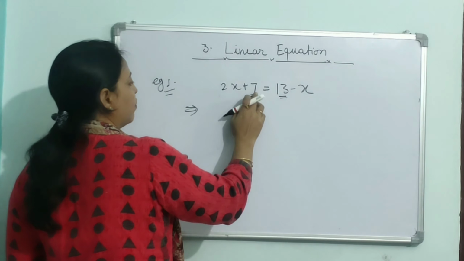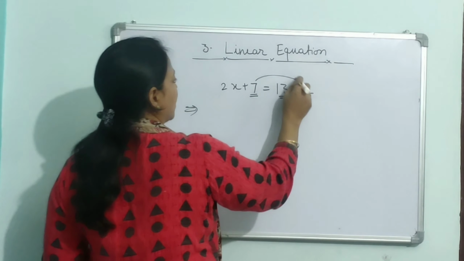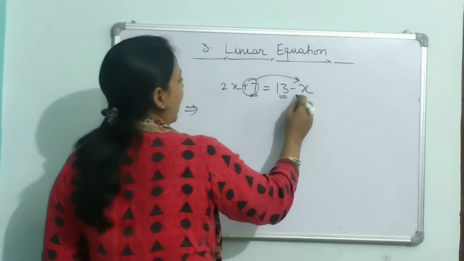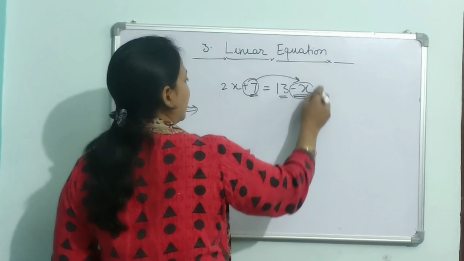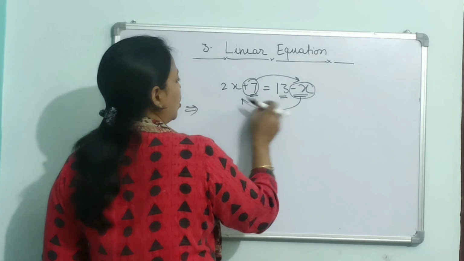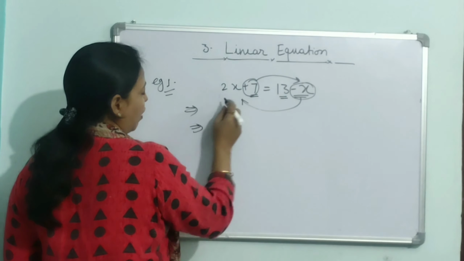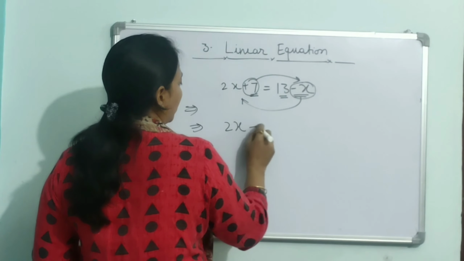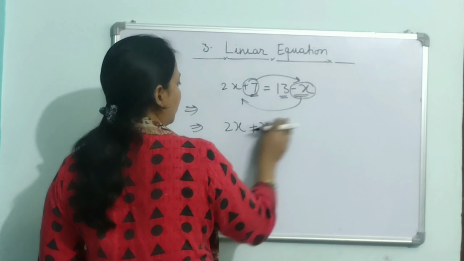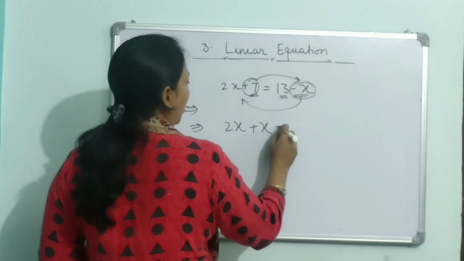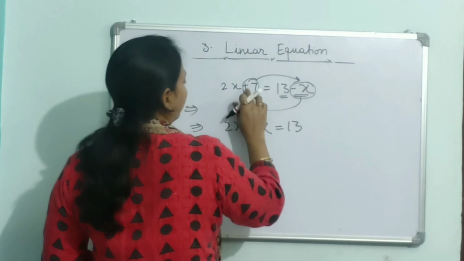So when you are shifting this 7 to this side, if this is plus 7, it will become minus 7. And when you shift this minus x to this side, it will become plus x. So now your equation will be 2x plus x, this x I am shifting this side, minus x will become plus x, is equal to 13 plus 7.